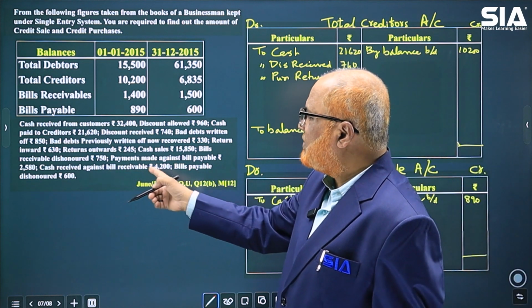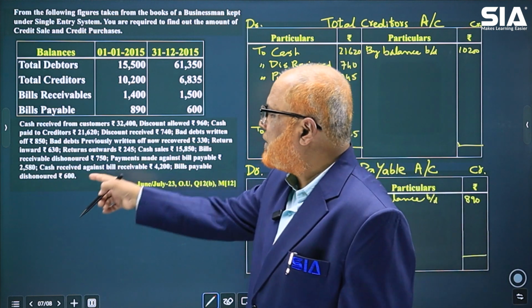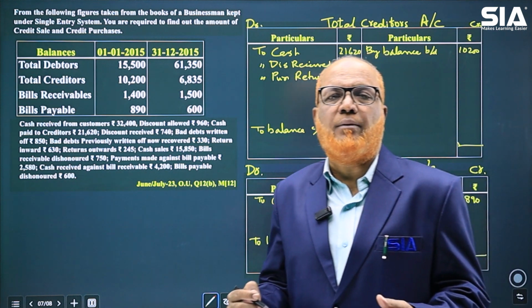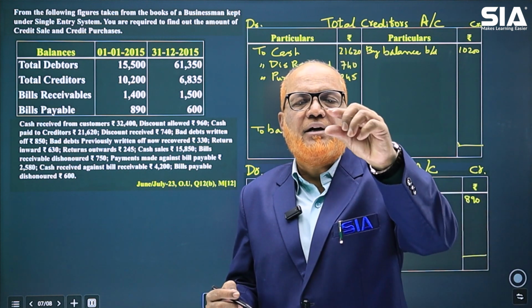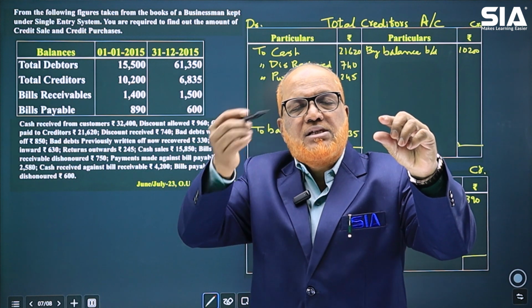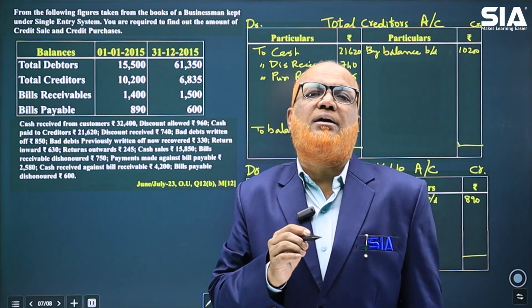Next, cash received against bills receivable, already we have done. Then bills payable dishonored. When we accept the bill, entry will be creditors account debit to bills payable. If the bill is dishonored, bills payable account debit to creditors.